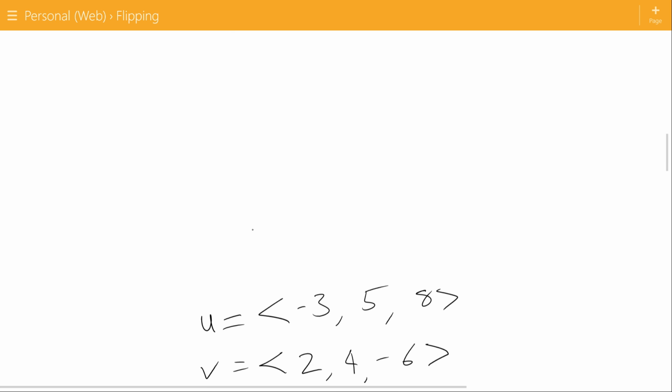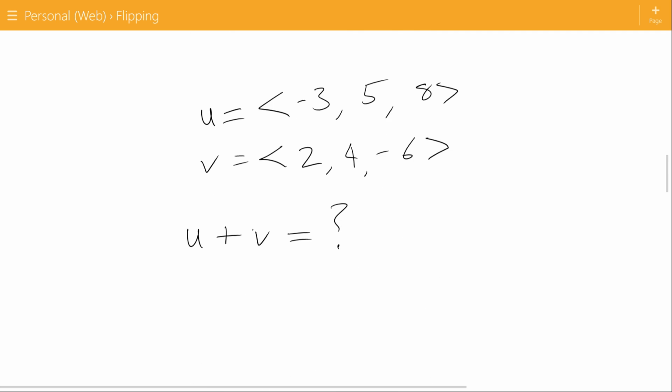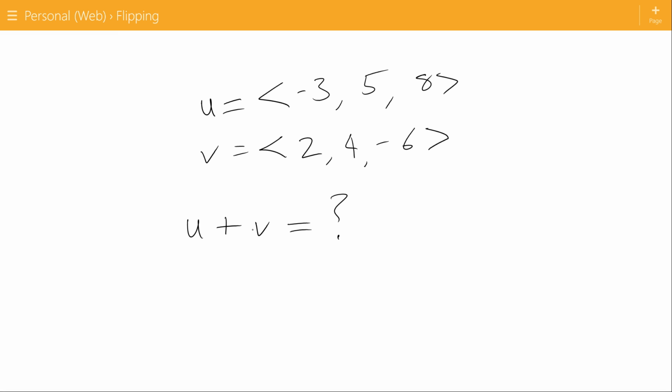So what can we do with these? Well, let's say that we've got 2 vectors. I've got u and v. I want to add these together. We simply do this the same way that we were working with two-dimensional vectors. If I've got -3 and 2, I'm adding them together here. That would give me -1. 5 and 4 together give me 9.